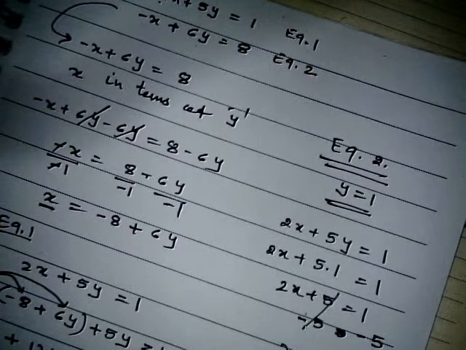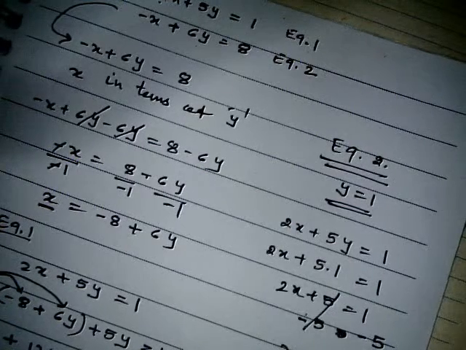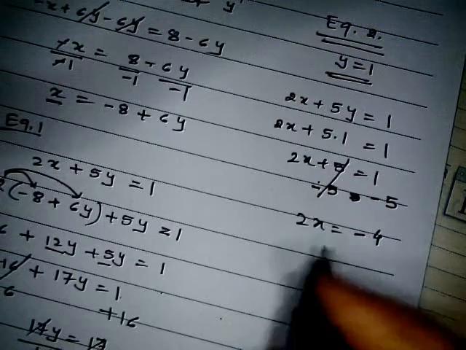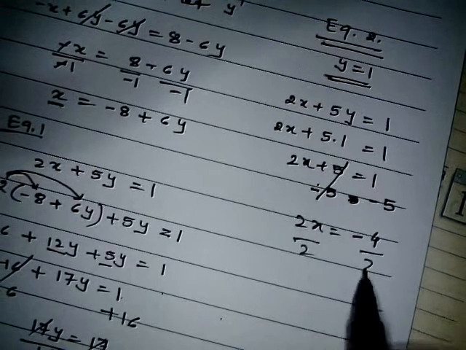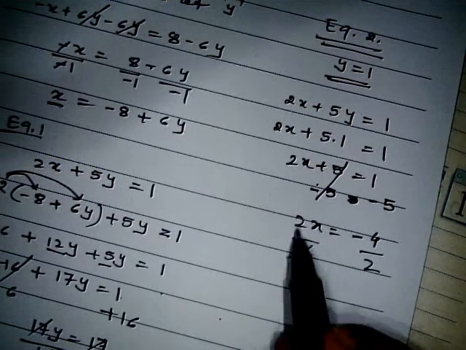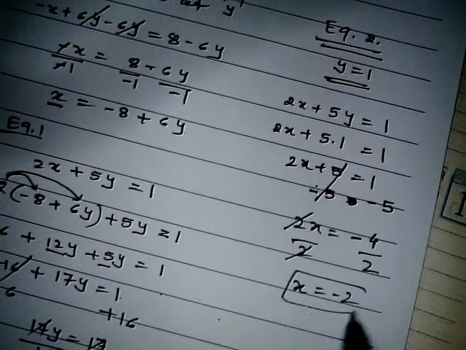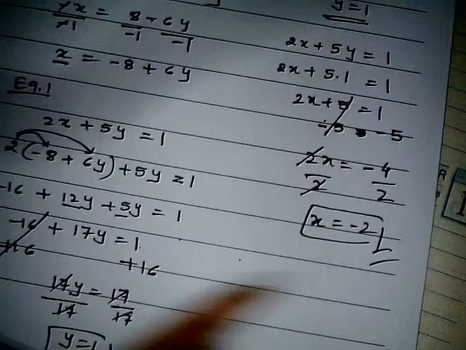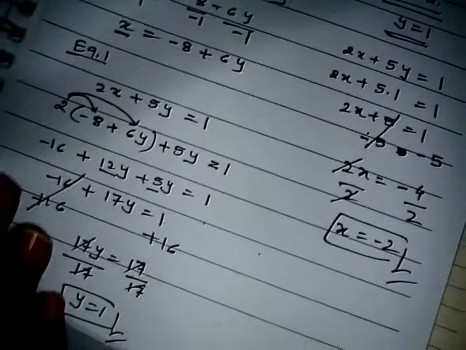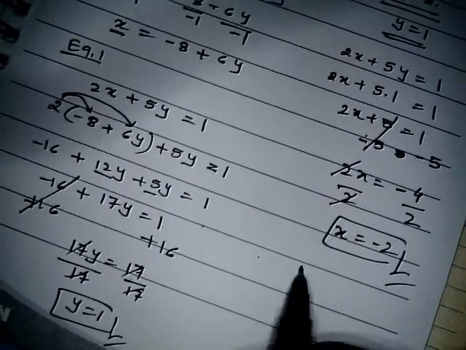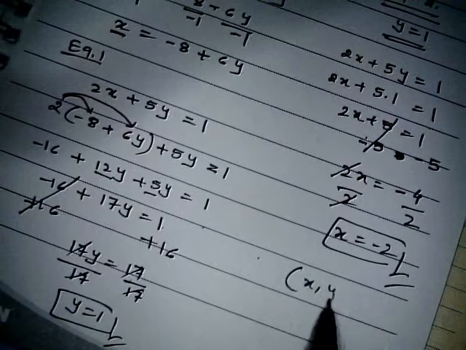To remove 2 I need to divide both sides by 2, so this 2 and this 2 cancel out. x equals negative 2, so the x value is negative 2 and the y value is 1. So the solution set is (x, y), where the x value is negative 2 and the y value is 1.